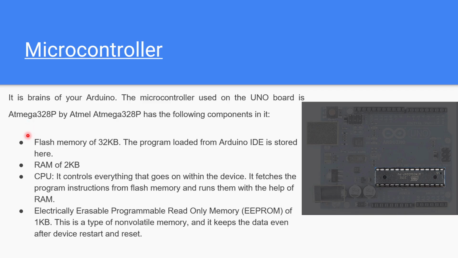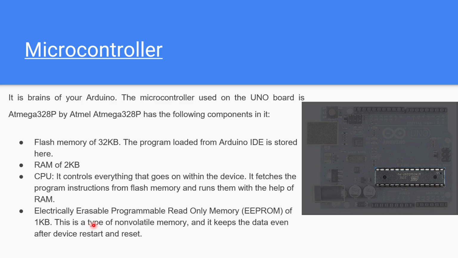Now, the microcontroller, the brain of this Uno board, is the Atmega 328, Atmega 328P. It has the following components: flash memory of 32 kilobytes, RAM of 2 kilobytes, and a CPU which is AVR RISC architecture.